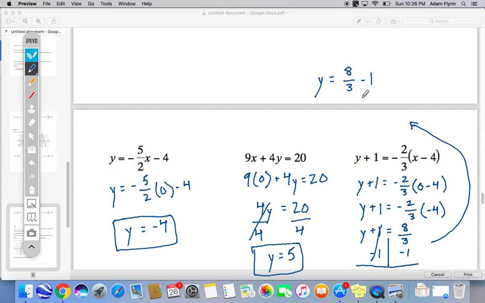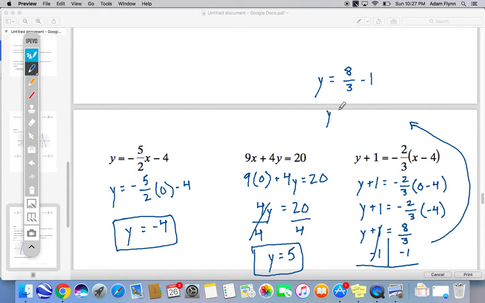So I have a fraction here and I'm subtracting. So I know I need a common denominator. So my common denominator here would be 3. Because I have 8 over 3 here and I have negative 1 over 1. So to get this negative 1 to have a denominator of 3, I have to multiply by 3 over 3.